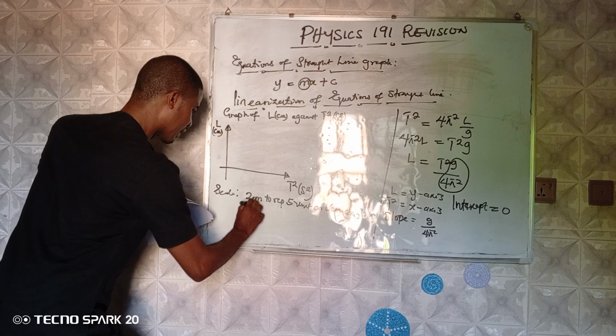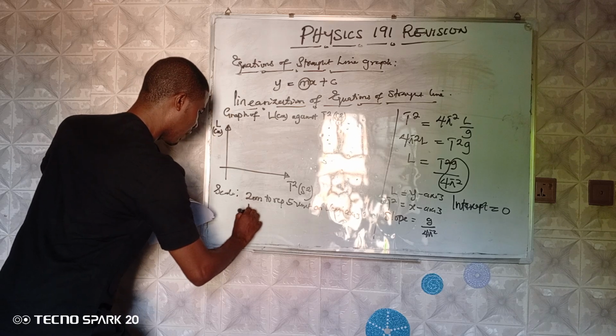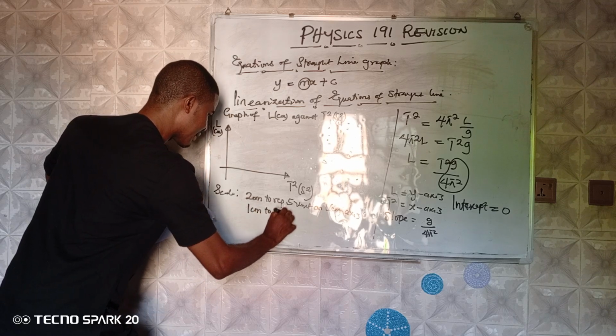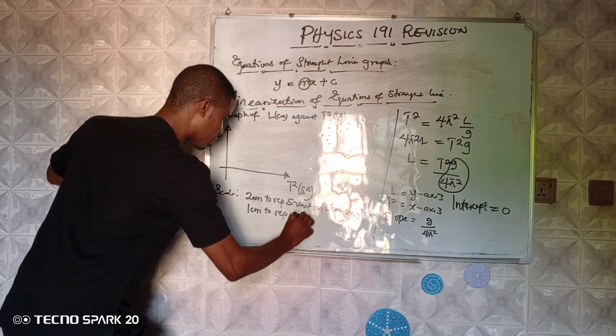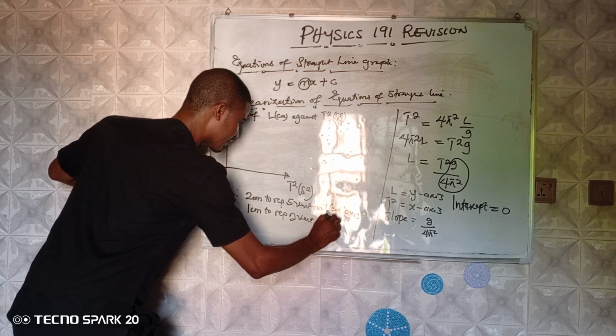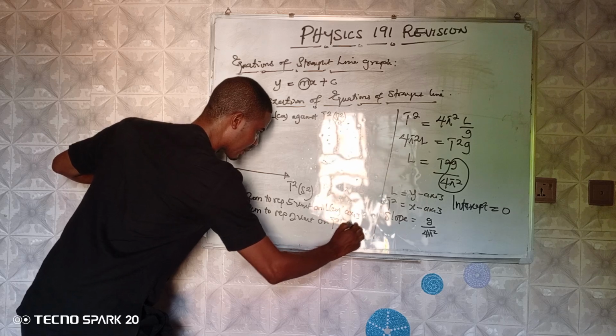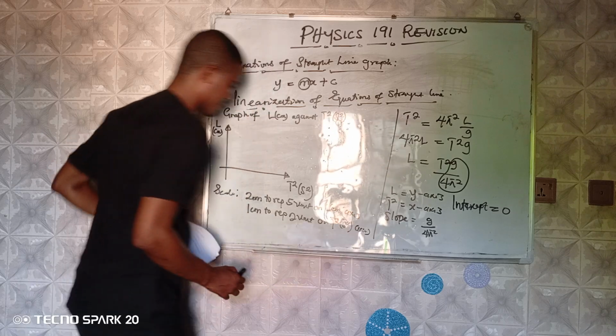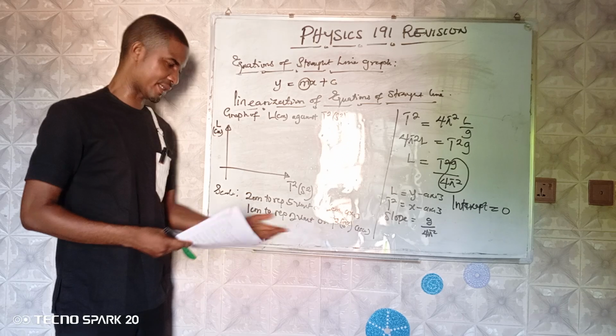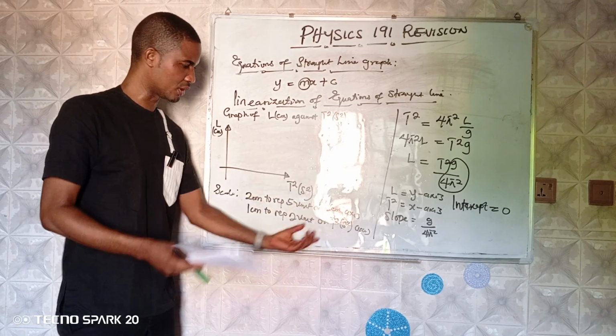And I'm also using, let me say, 1 centimeter to represent 2 units on the T squared second squared axis. This is my scale. I just forgot the scale, but you know the one I mean if you check your own.